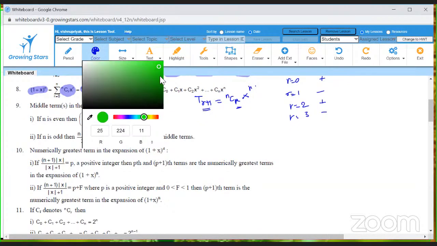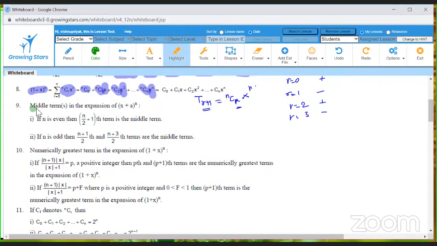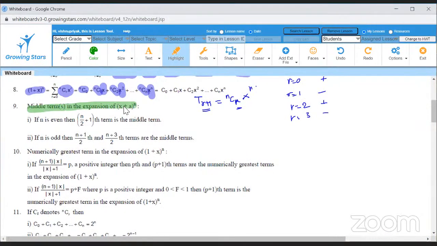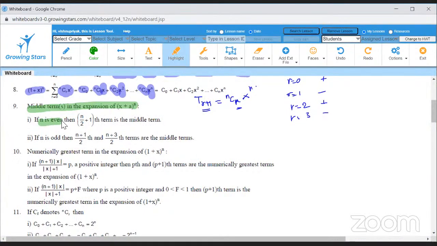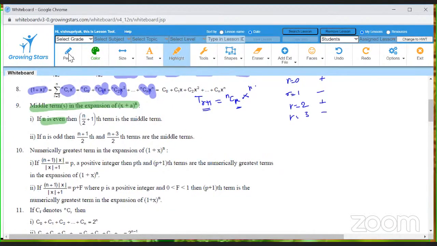Next, if you are supposed to write the middle term in the expansion of (x + a) to the power n: if the power n is even, then the (n/2 + 1)th term will be the middle.